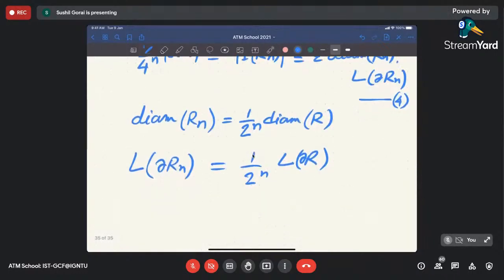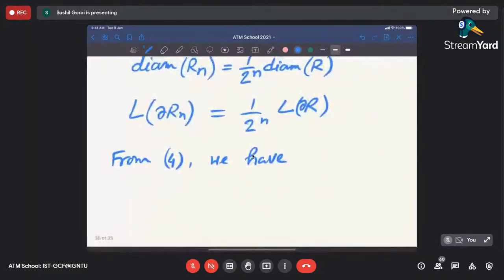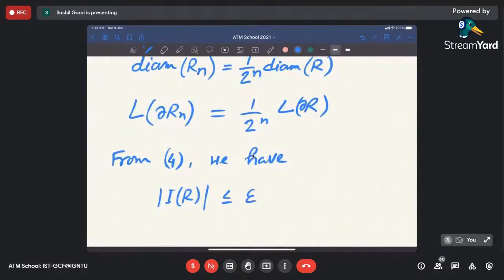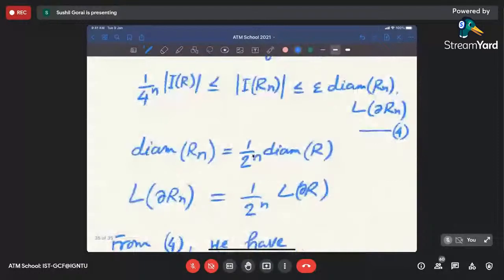Now from 4, we have mod I_R is less than or equal to epsilon times C, 1 over 2 to the power n and 1 over 2 to the power n, that will be 1 over 4 to the power n.